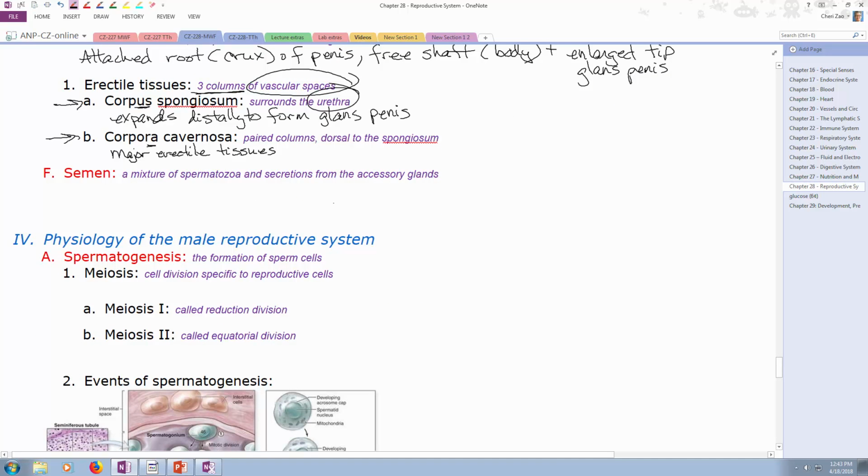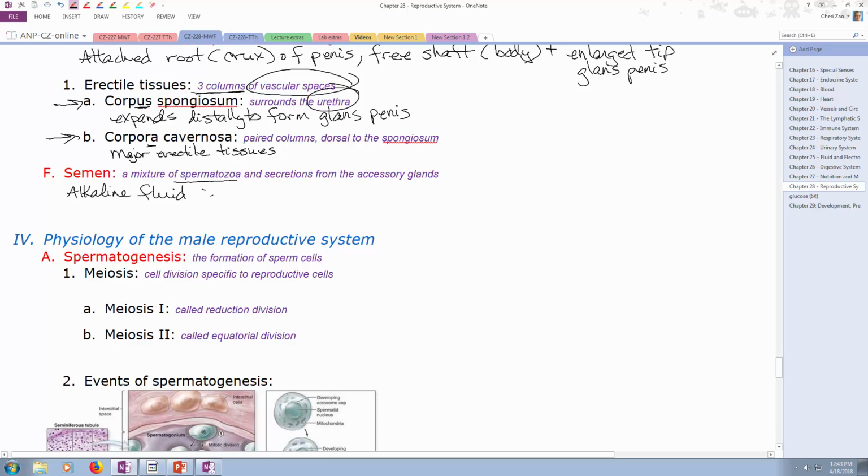Okay, semen is a mixture of the stuff that we talked about earlier: spermatozoa, which are sperm cells, and secretions from the accessory glands. Ultimately, it is an alkaline fluid. Any of the acid that we added didn't do enough to decrease the pH.